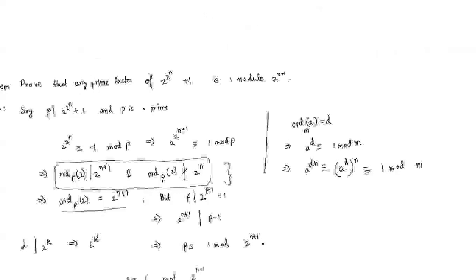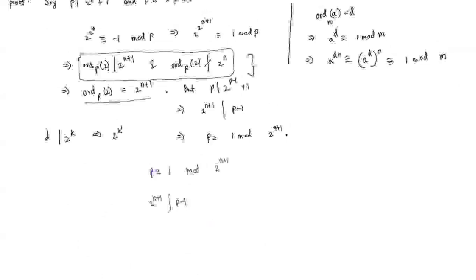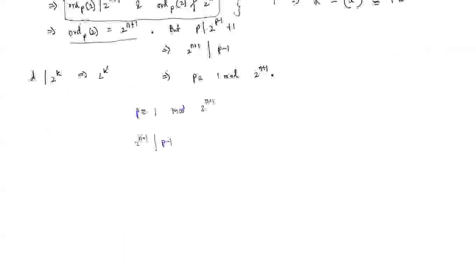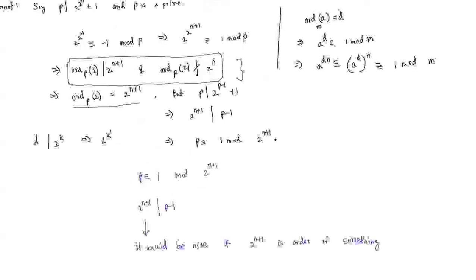How did we proceed in the first problem? It would be nice if 2 to the power n plus 1 is the order of something. And it turned out to be the order of 2 mod p, which we showed.